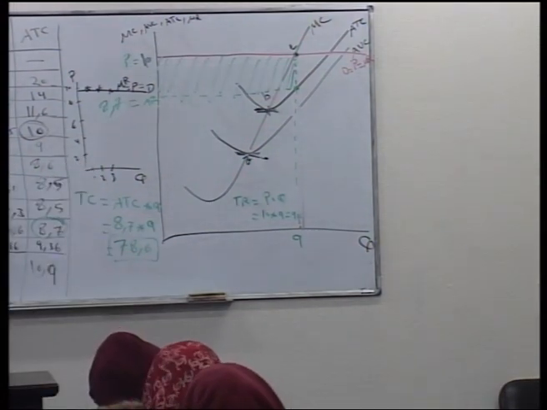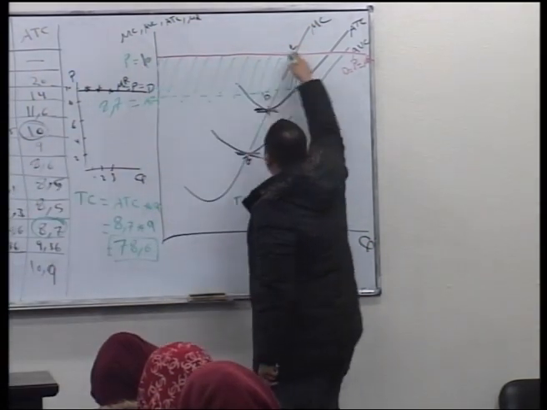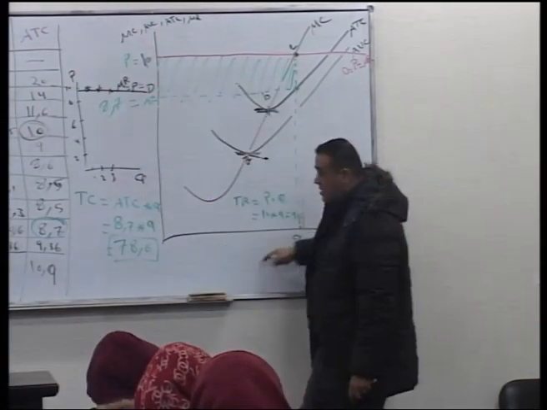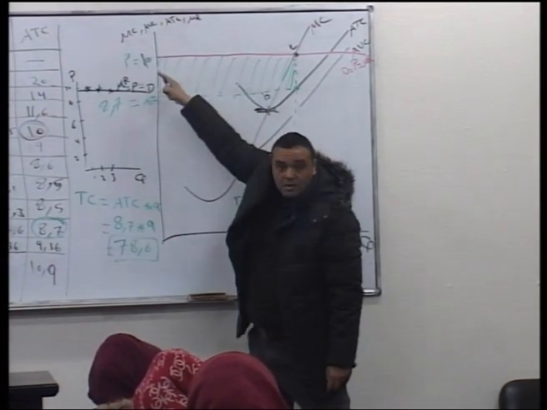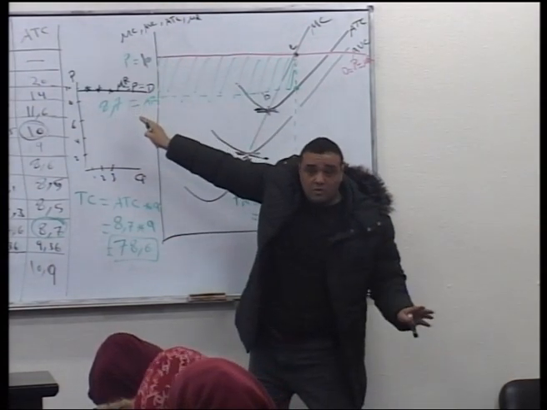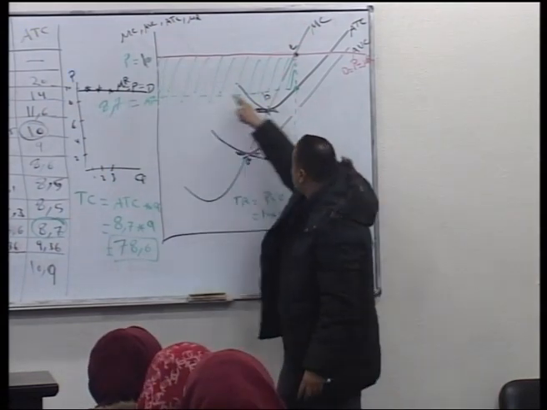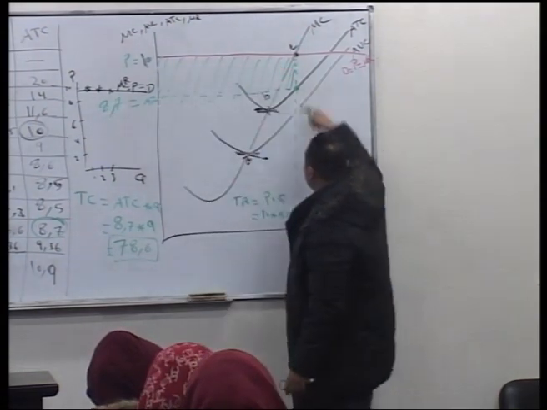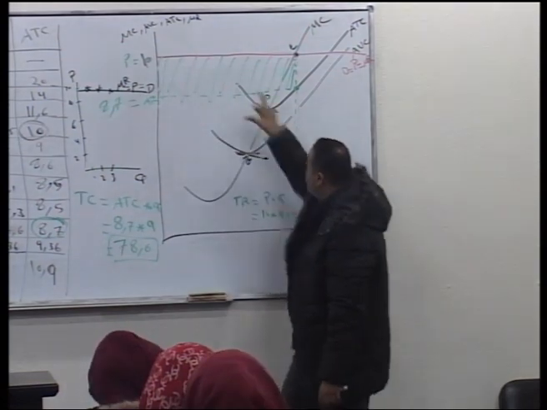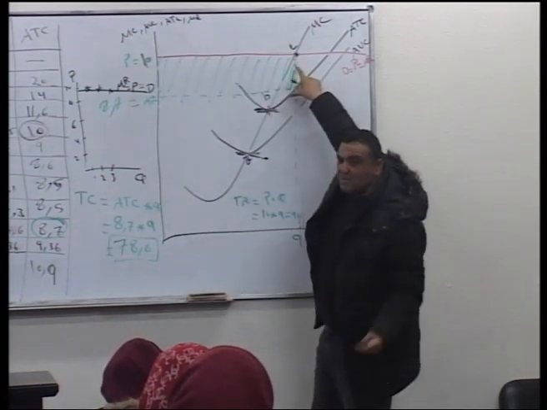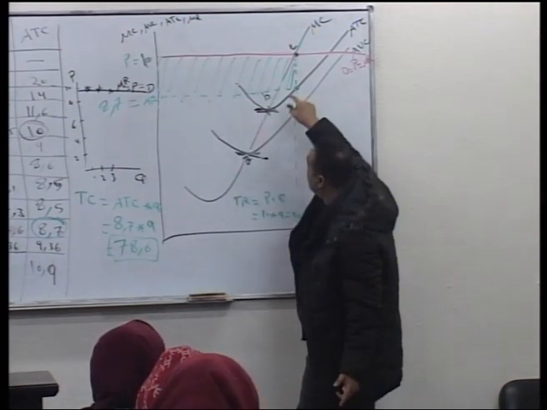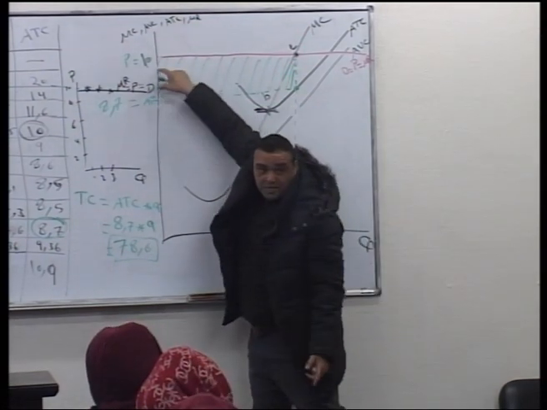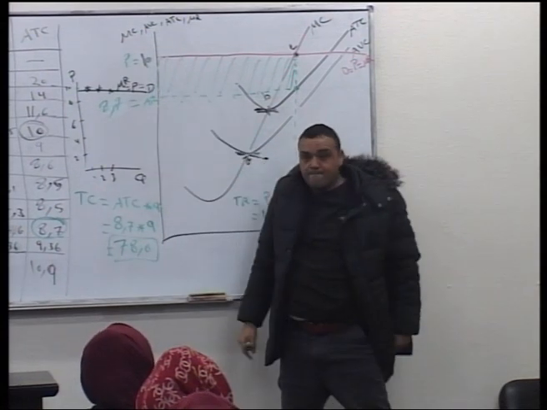So this is total revenue, price times quantity, and here's the total cost. Total revenue minus total cost, here we have the total profit. How much is the total profit? It is 9 times the difference between the price and ATC.